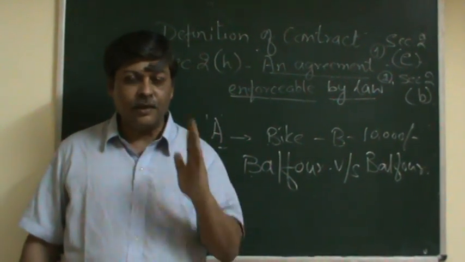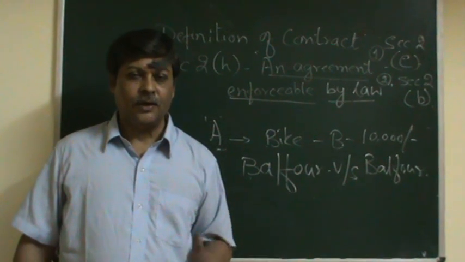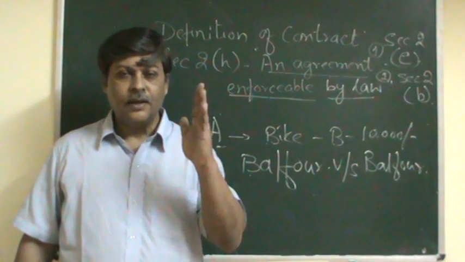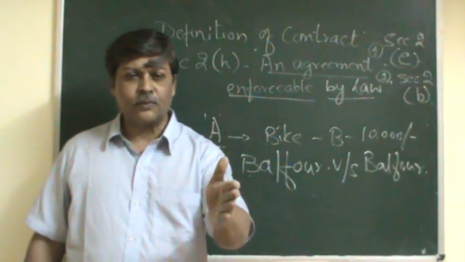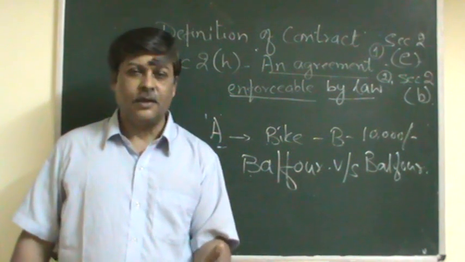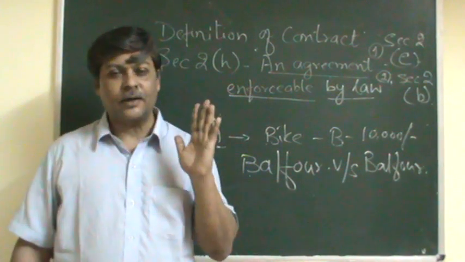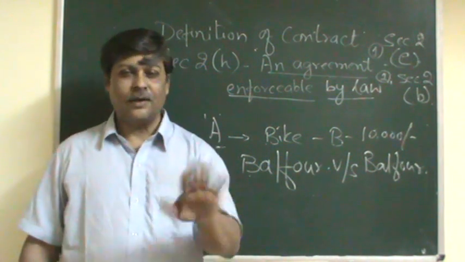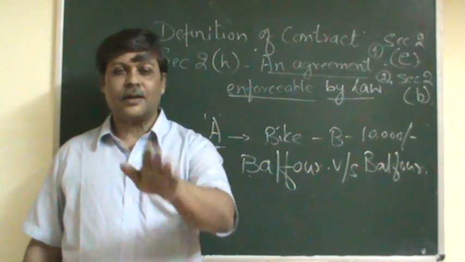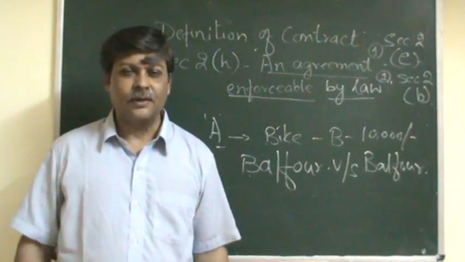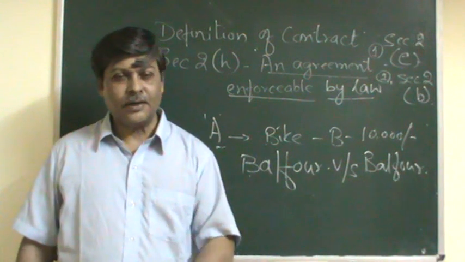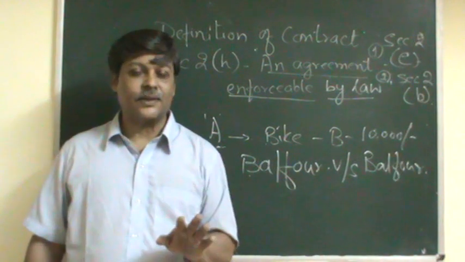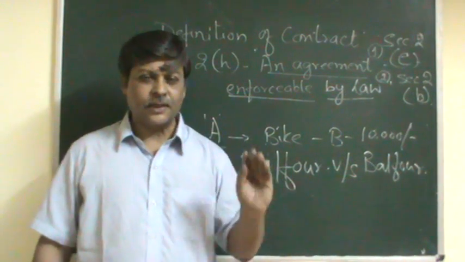You have to see the genuineness of the agreement, that is, whether it is enforceable by the law or not. If it is enforceable, then we can call it a contract. That is why we cannot call all agreements contracts. But on the contrary, all contracts are agreements.